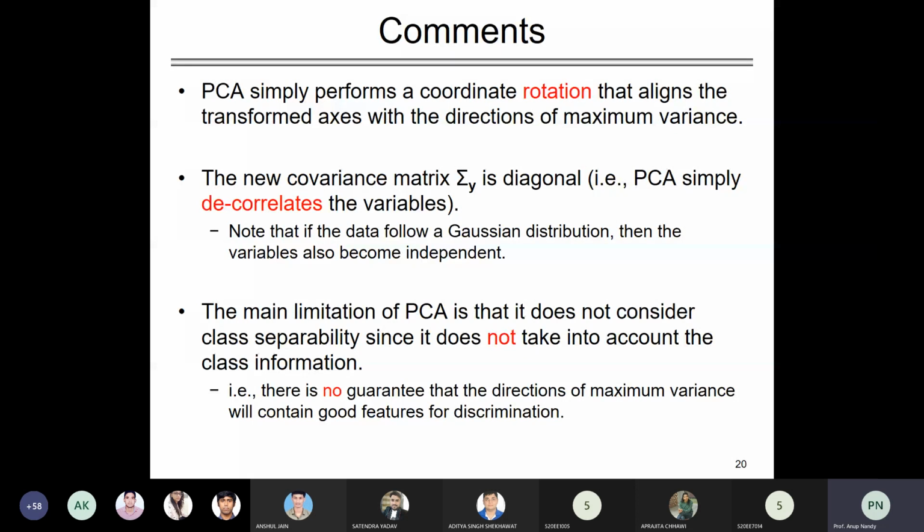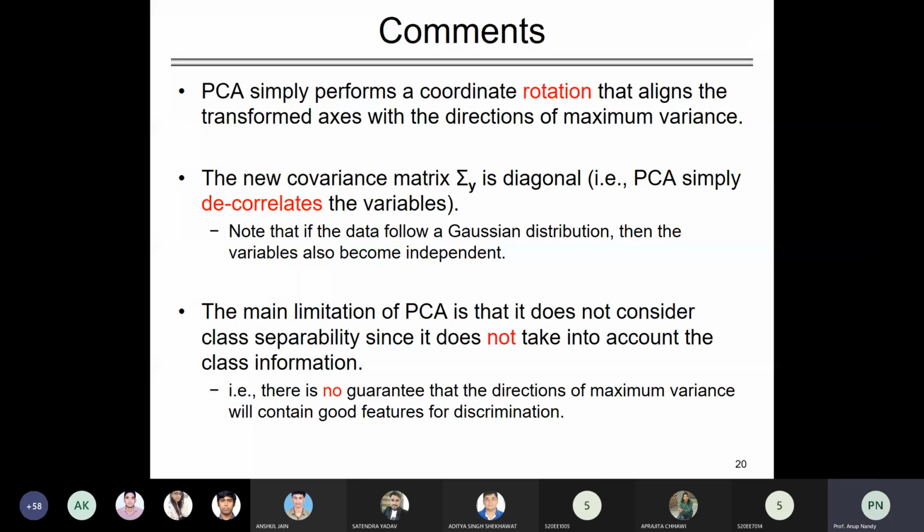It means there are no correlations, zero. That's why it is called decorrelation. And the main limitation of PCA is that it does not consider class separability. You are not considering whether the data are coming from different classes. So it does not consider the class separability problem. It does not handle it.